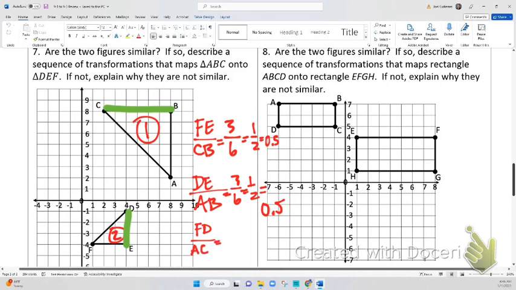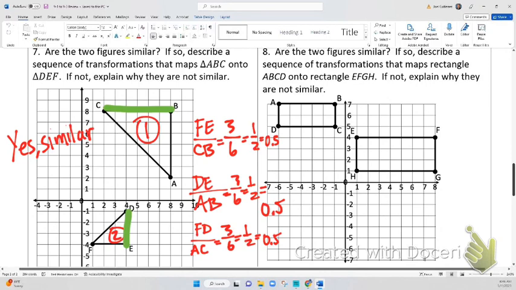It really doesn't matter. So this also is 3/6, which is 1/2, which is 0.5. So you'll notice all of my scale factors are 0.5. Okay? So when it says, are the two figures similar, we have to put yes, similar.